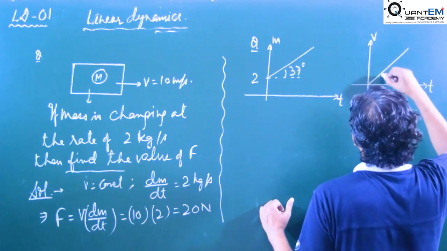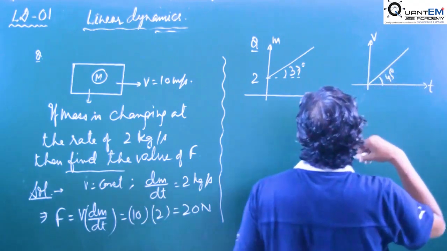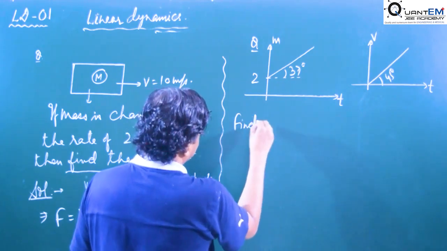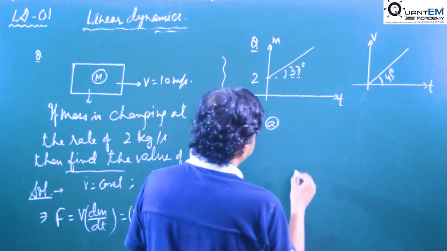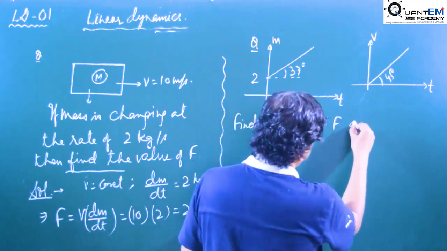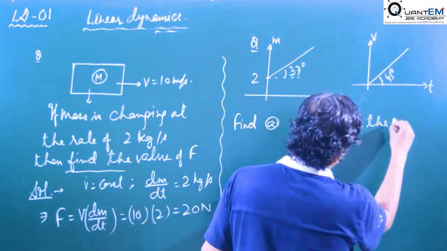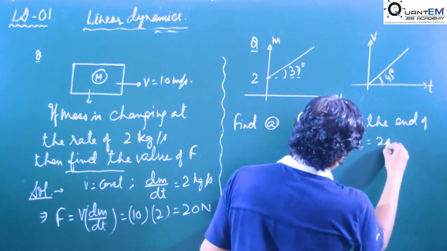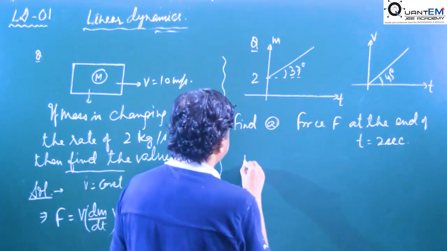It is the v-t graph. This angle we have is 45 degrees. Find, first part, the force F at the end of t is equal to 2 seconds.